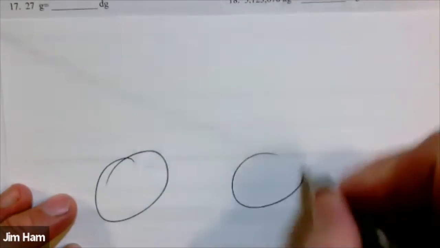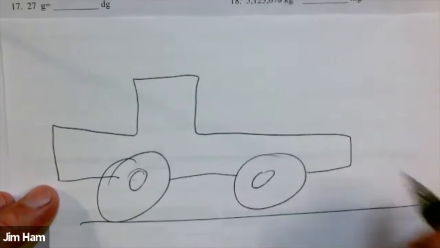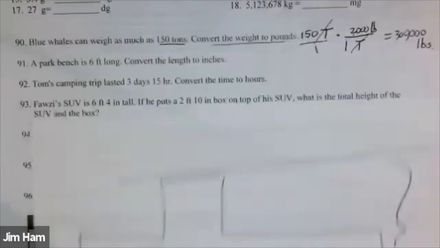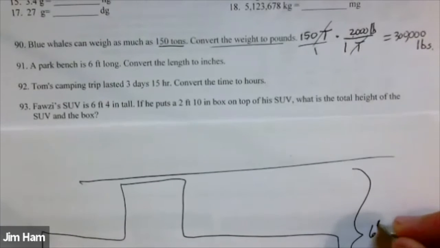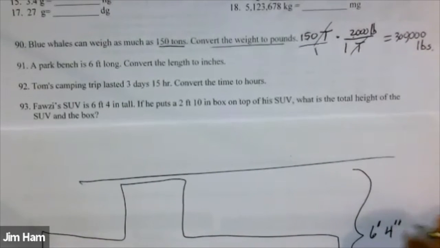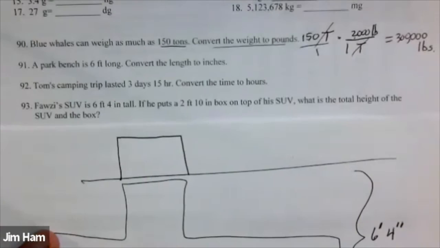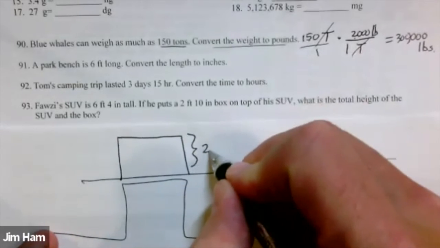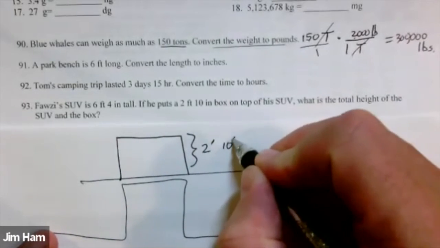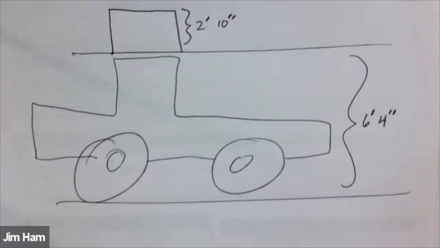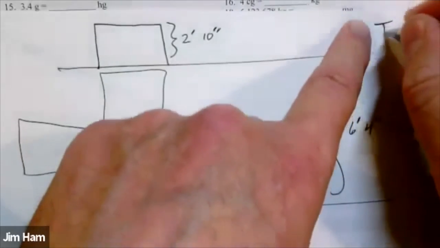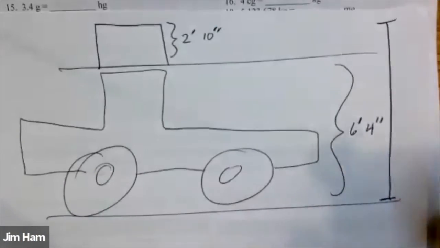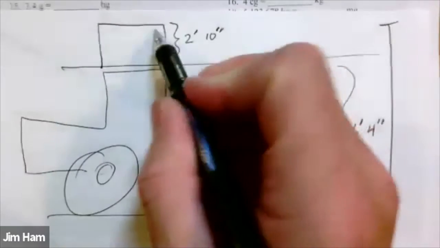Okay, so here's the SUV, and from the bottom to the top, that height is 6 feet 4 inches tall. And then they're going to put a box on top of the car, and the box is 2 feet 10 inches. All right, and then they want you to give the measurement of the whole height from the road up to the top of the box.